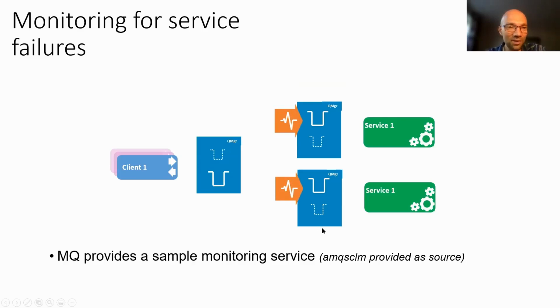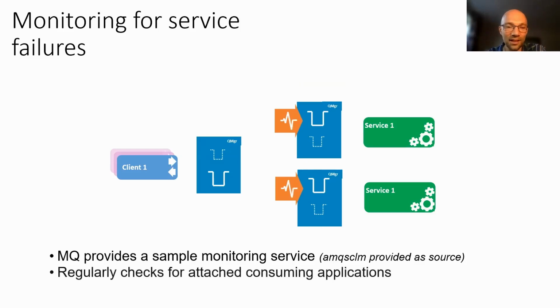MQSCLM is the name of the sample that we send out with MQ. And what that does is to monitor whether there is something consuming messages off those clustered queues. So it looks for the open handles on those clustered queues as a sign of whether something has those queues open and is consuming messages off them.